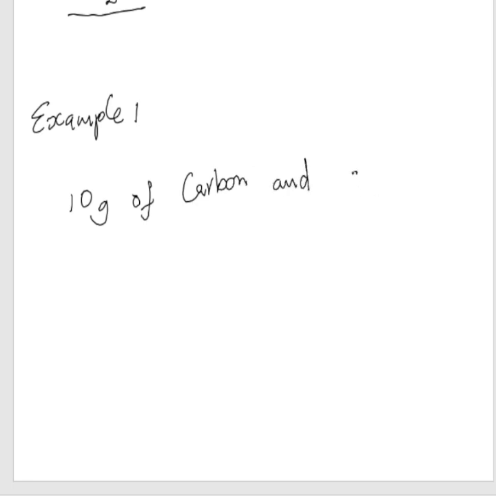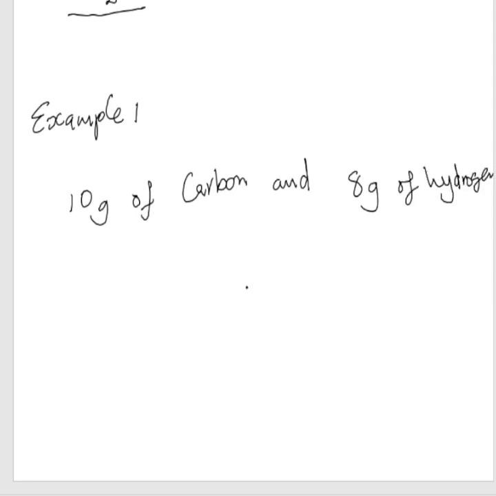Example 1. Let's say you are given 10 grams of carbon and 8 grams of hydrogen.